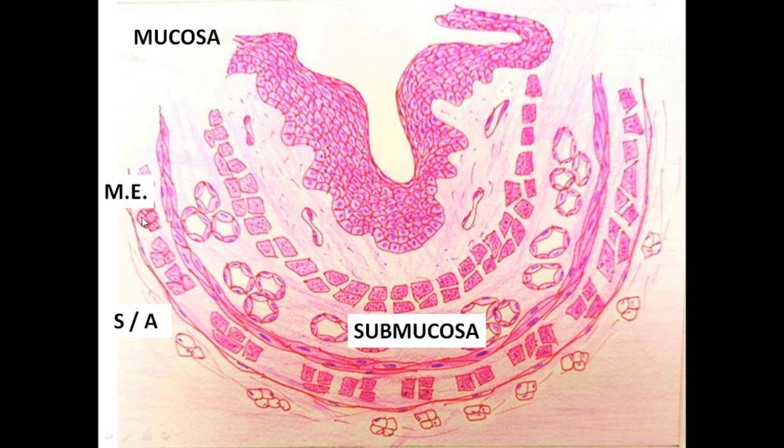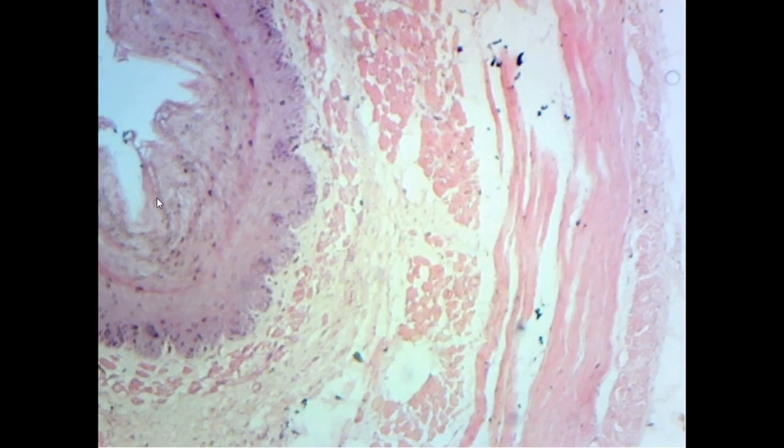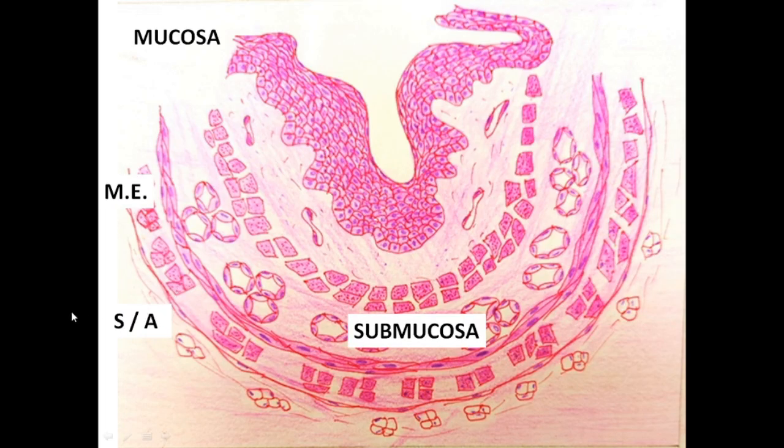Outside the submucosa we have the double layered structure called the muscularis externa. So there will be two layers of smooth muscle in the muscularis externa, and outside it we will have either serosa or adventitia.